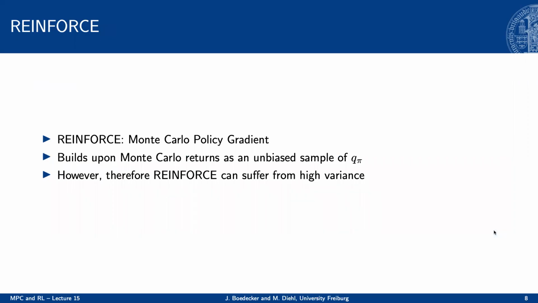Okay. So let me come to the first algorithm that uses these ideas, and that's called REINFORCE. This tries to implement this in an algorithm by using Monte Carlo rollouts.